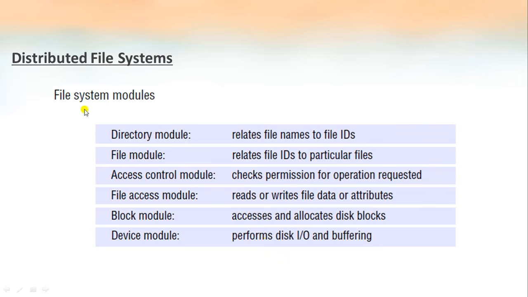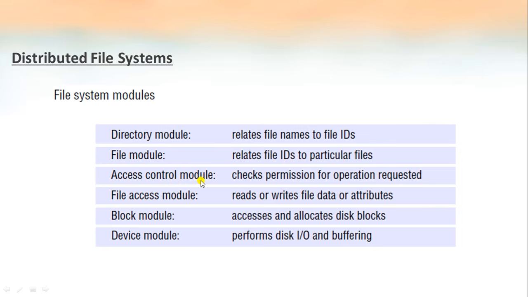And these are the basic file system modules. First is the directory module. This will relate the file names to the file IDs, like the index of a text which contains keywords and page numbers. So there will be a file name and it is related to a particular file ID. And the file module relates the file IDs to particular files, that is file IDs related to particular contents of the file.